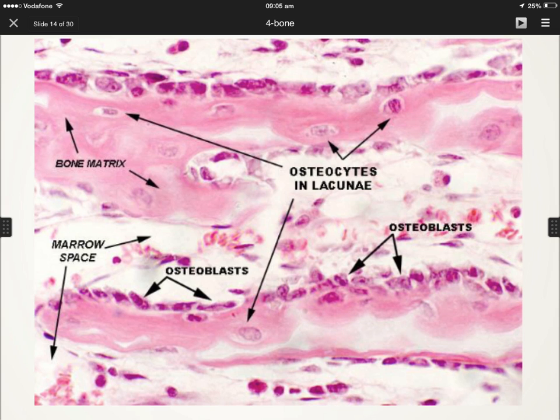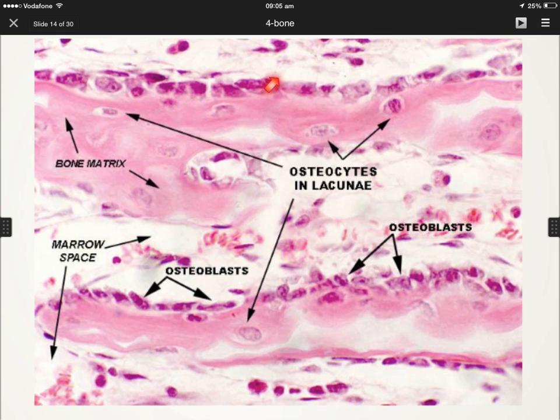In this picture, you should diagnose the following. You should diagnose these cells on the surface of these bony trabeculae. These cells on the surface are free cells, so these are the osteoblasts. You may be asked for one or two features that can be seen by the light microscope for the osteoblast. Of course, you can diagnose they are oval in shape and basophilic, darkly stained.